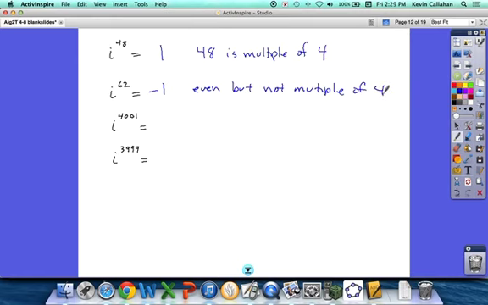Okay, let's see. 4,001 is 1 more than a multiple of 4, so it should be just i, because the multiple of 4 itself is just 1. This is just 1 more, i.